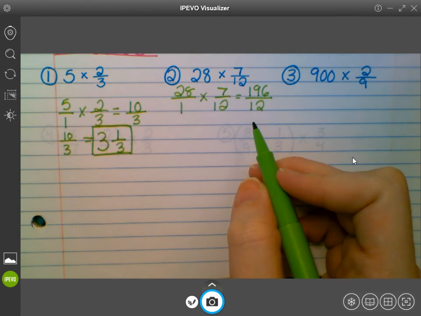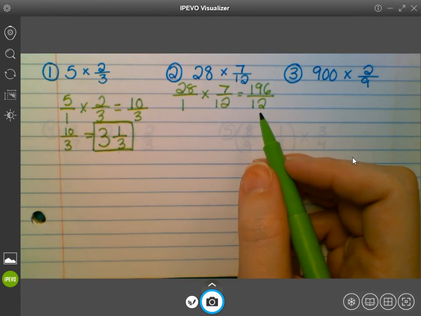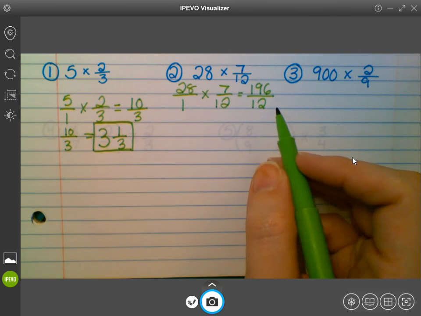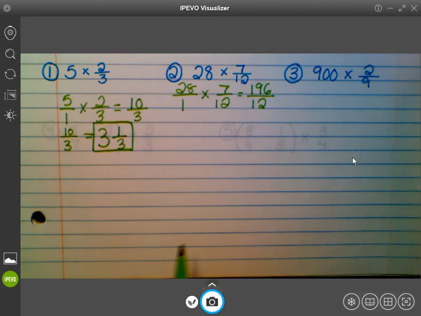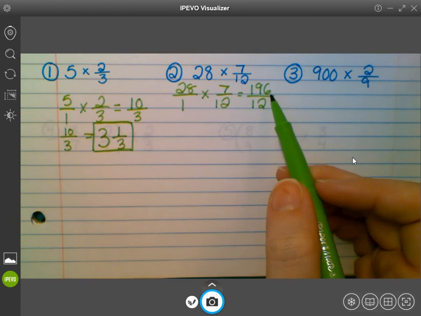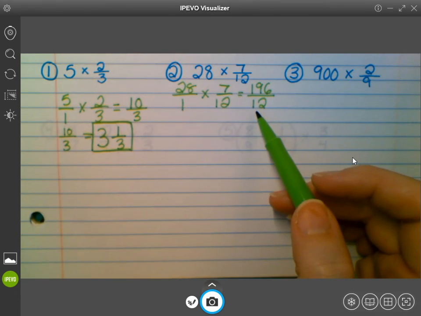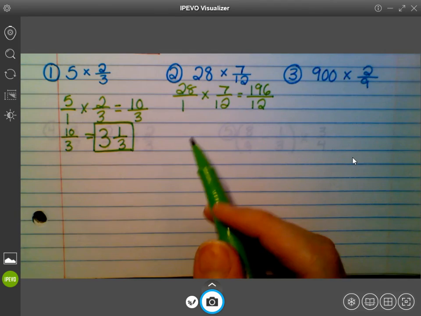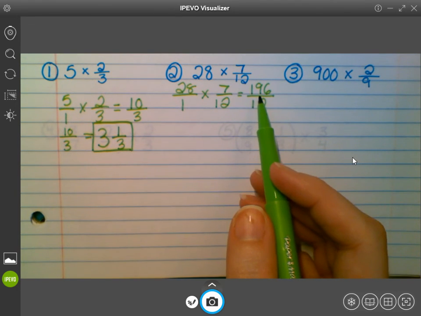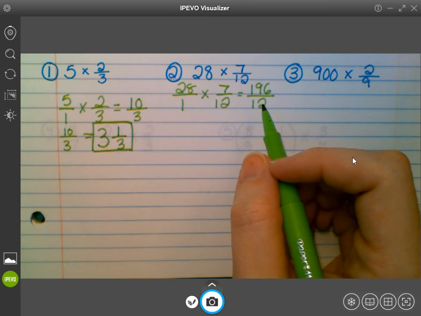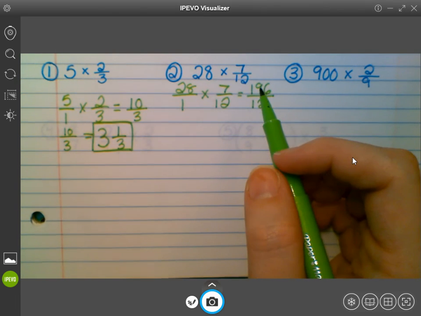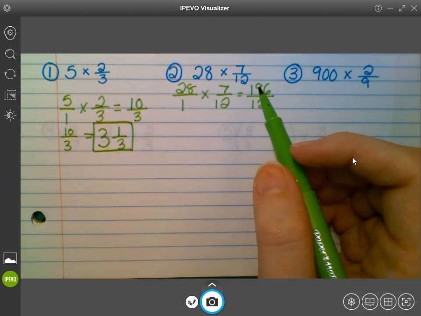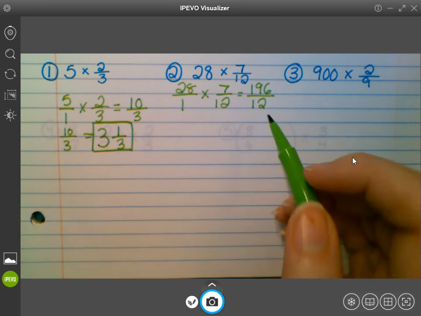Now, 5th grade, again, what kind of fraction do I have here? It's improper. My numerator is larger than my denominator. So, what I would do, when we have such large numbers like this, where it's not easy to do it in our head, set up a division problem. Because when you're asking how many times does my denominator go into my numerator, you're asking, what is 196 divided by 12? That's essentially what you're asking.